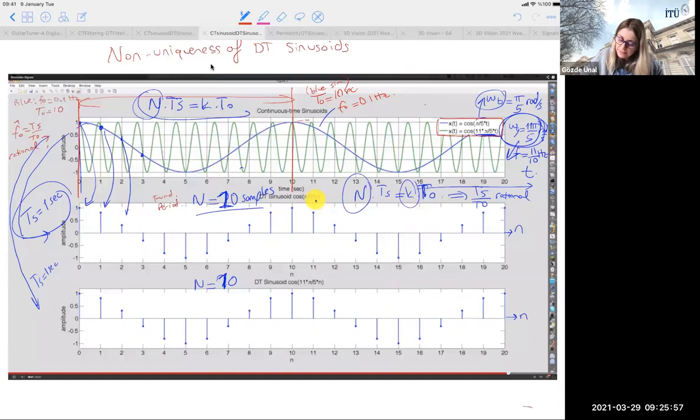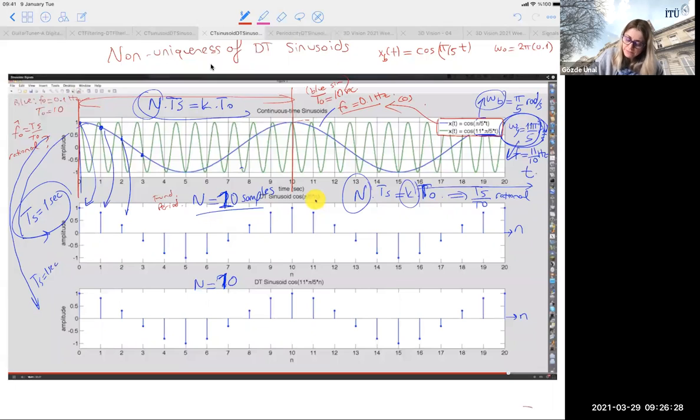Thanks, Fuat. But here, actually, guys, the blue curve is really the sinusoid, right? It was a cosine. x of t is cosine pi over 5 t. You can see this is really it because F0 is 0.1 hertz, then omega 0 is 2 pi times 0.1, right? Because it's 2 pi F0, which is really pi over 5.